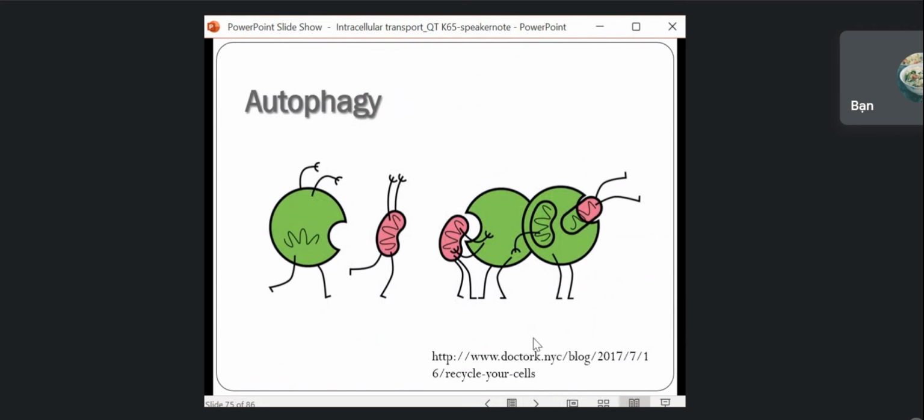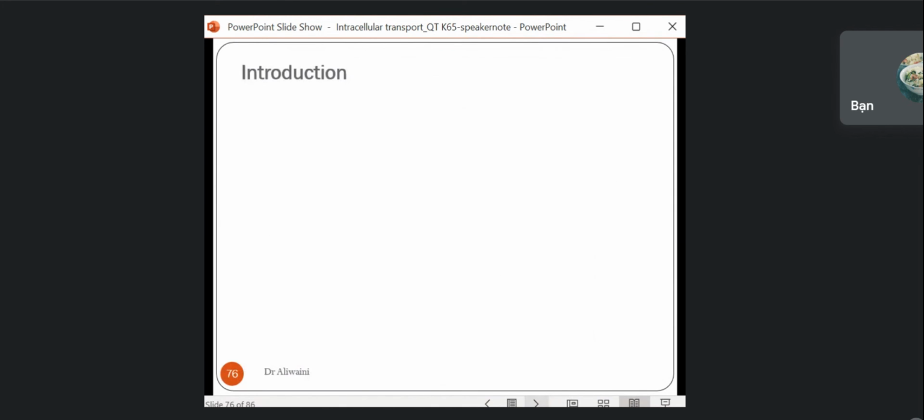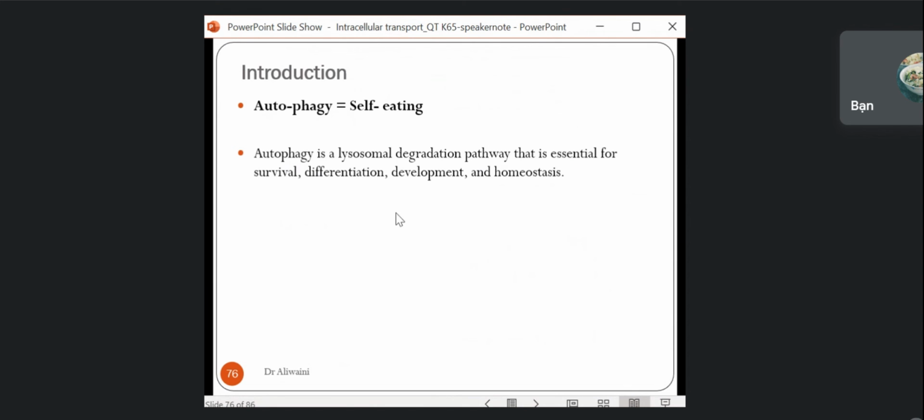Okay, so the last part is about autophagy. As I said, autophagy is quite a new process discovered in the middle of the last century. And now we understand more about autophagy, in the way that the cell eats some of its structures or organelles. So autophagy means self-eating.